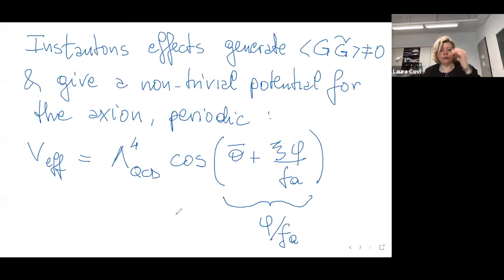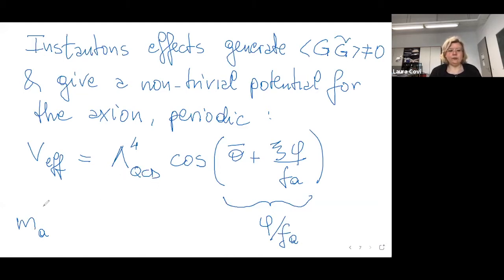Okay, so this is the axion, and this is the axion solution to the strong CP problem. Now you see immediately that this axion has a mass connected to the lambda QCD, because if you expand here, the mass of the axion practically comes from the quadratic term of the cosine.